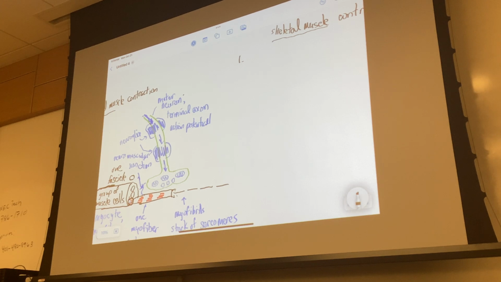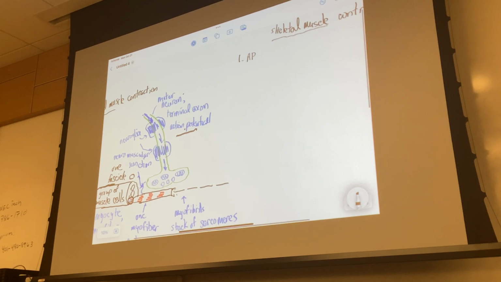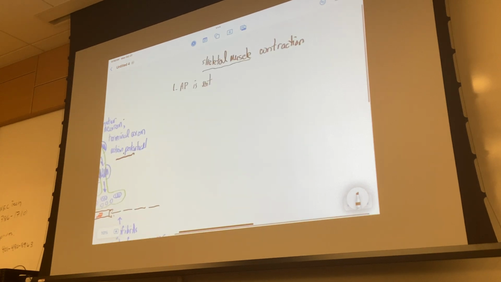It starts at the motor neuron with an action potential.